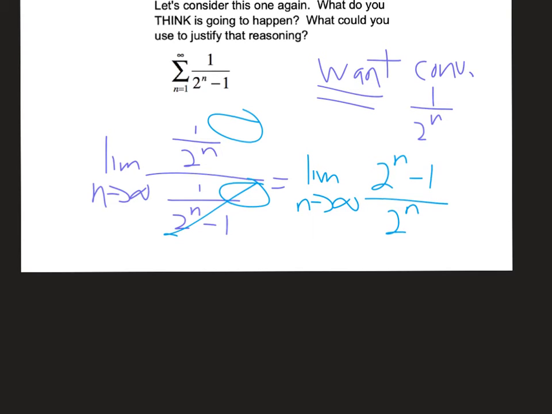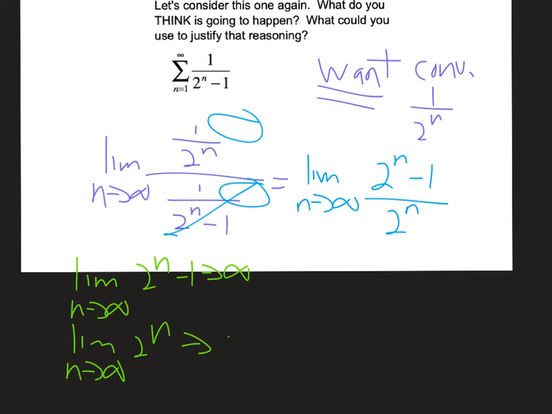Actually, here's what I want to do. I want to throw in l'hôpital's rule, because we haven't talked about it recently. The limit as n goes to infinity of 2 to the n minus 1 goes to infinity. I'm uncomfortable saying equals. The limit as n goes to infinity of 2 to the n goes to infinity.